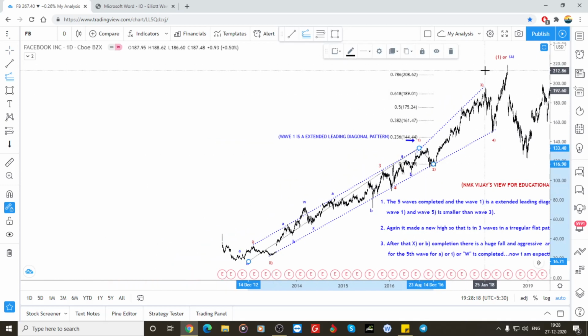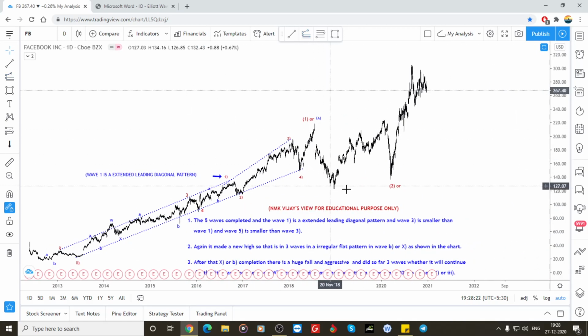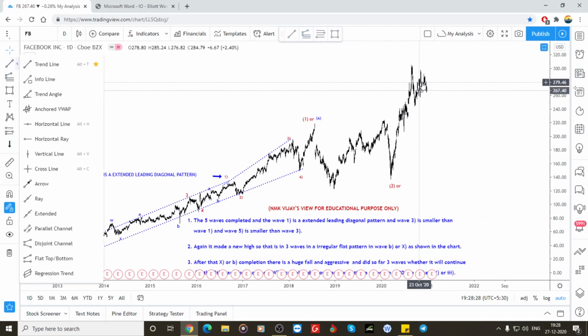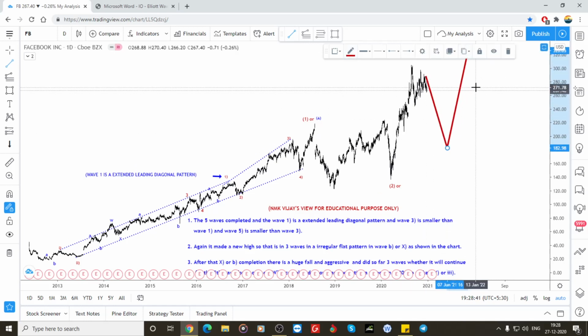and the second wave is completed, and here is one more, maybe this could be a running flat, or it is going one more down, one more down, and then it can take off.